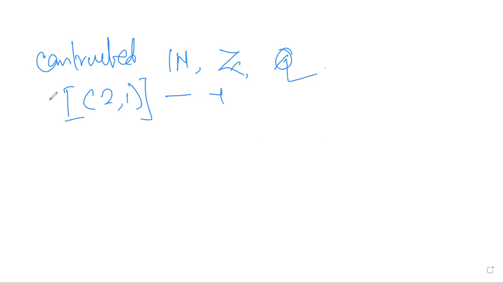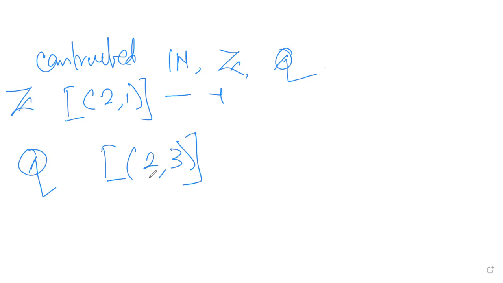In Q, similarly, if we see the equivalence class (2, 3), it represented 2/3, right? So actually these elements are equivalence classes. Okay, so now it is clear what an element in Z or Q is.